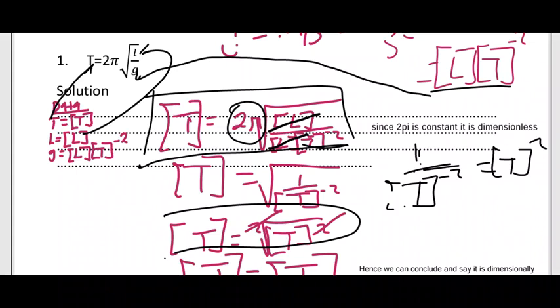The dimension of the left-hand side should be equal to the dimension of the right-hand side. Those are some of the basic things you need to know. The other thing is the principle of heterogeneity, whereby for an equation not to be dimensionally correct, the left-hand side isn't equal to the right-hand side. Those are the principles of dimensional analysis that you need to know: the principle of homogeneity and heterogeneity.